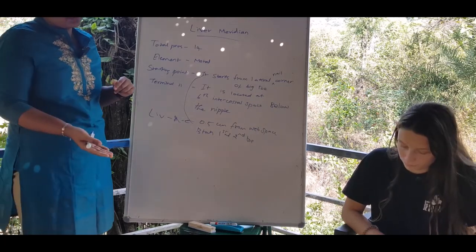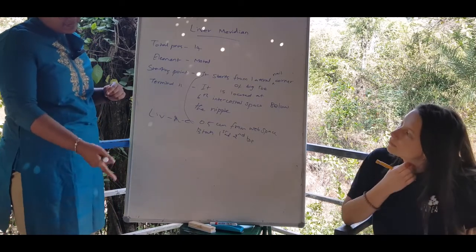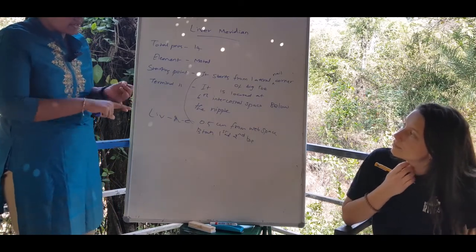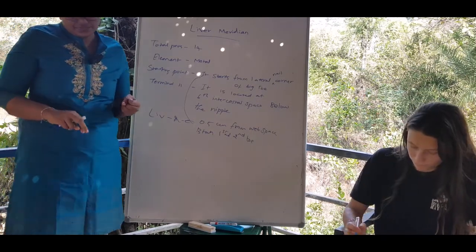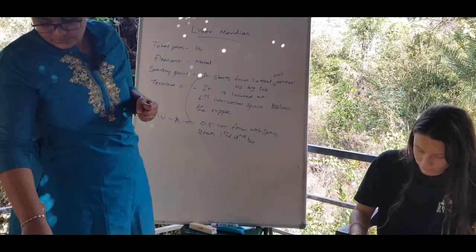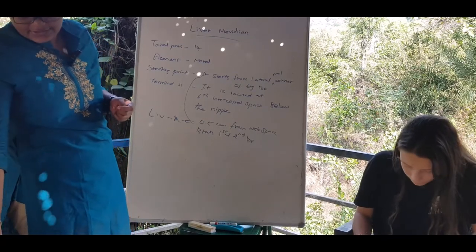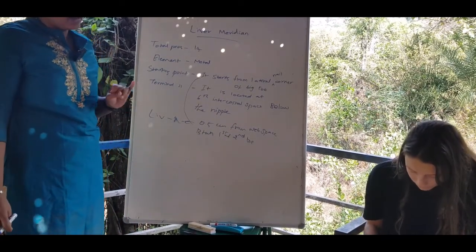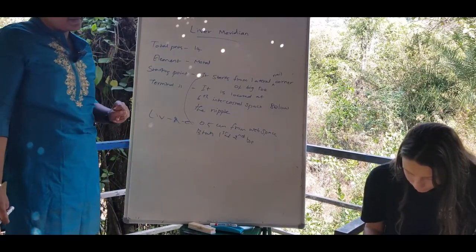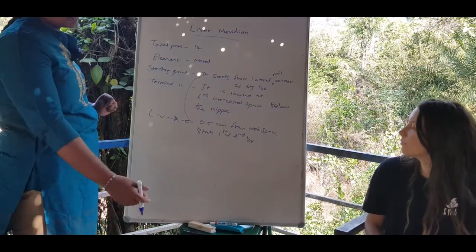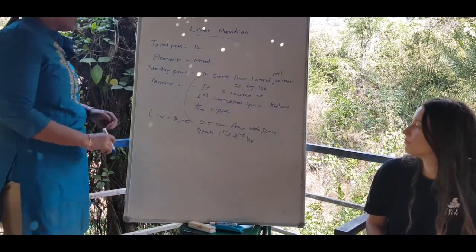Whenever we use this liver 3 point, we can reduce those headaches too. Headache and disorders of the eye, hypertension, epilepsy, for all those conditions we can use these points. Liver 3.